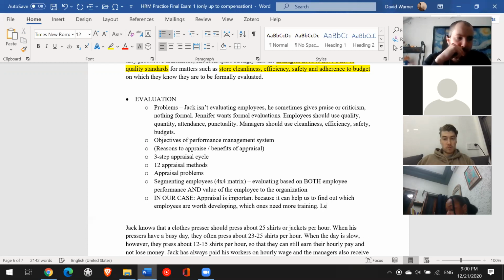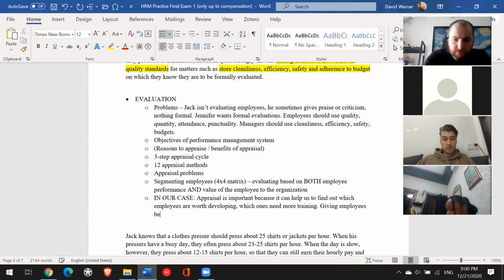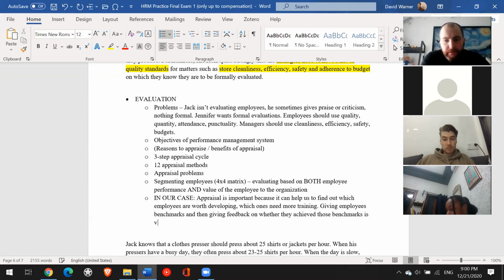Okay, so I would say giving employees benchmarks and then giving feedback on whether they achieve those benchmarks is valuable for employee satisfaction and retention, so they don't quit.